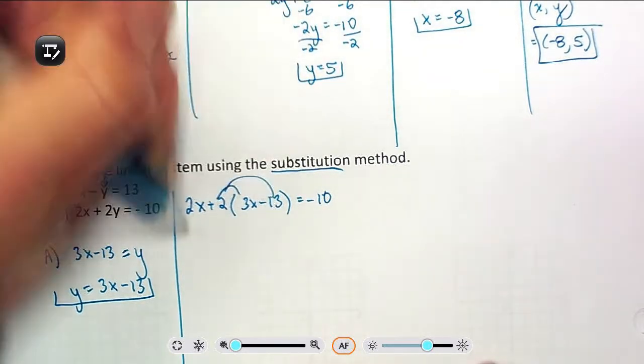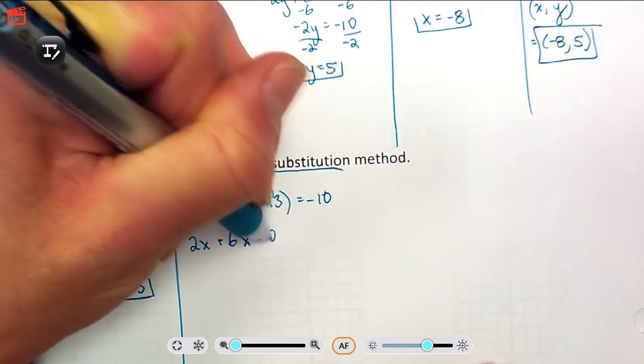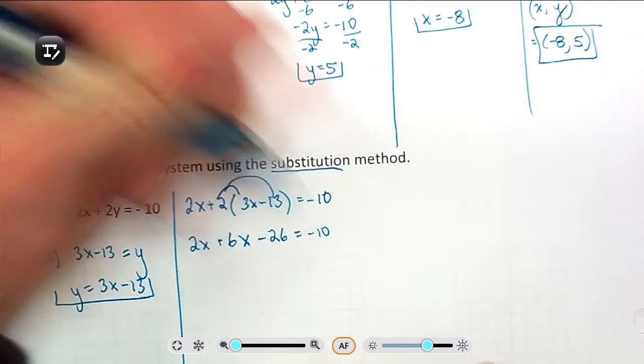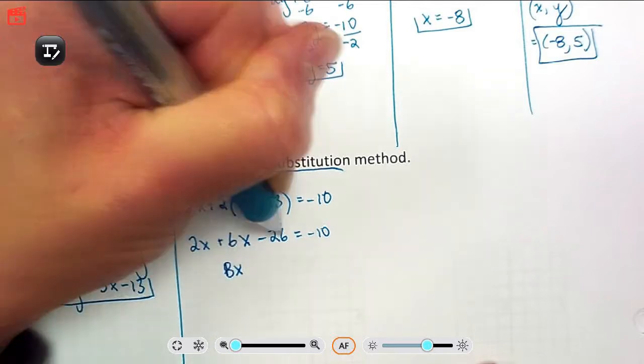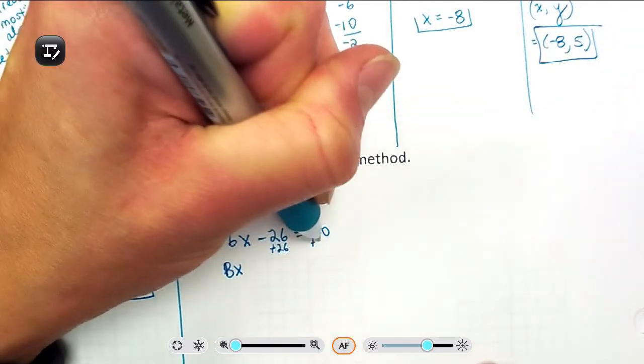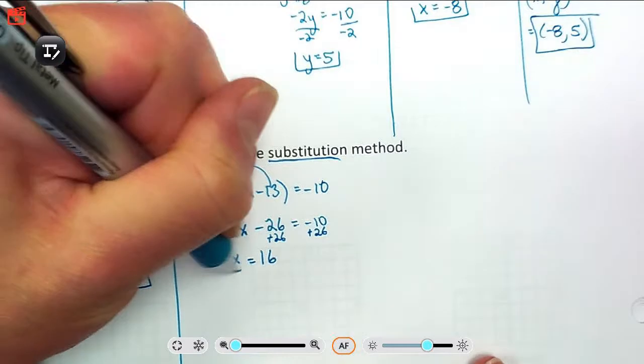Okay, distribute your 2. 2x and 6x is 8x. Add your 26 over, equals 16. Divide by 8.